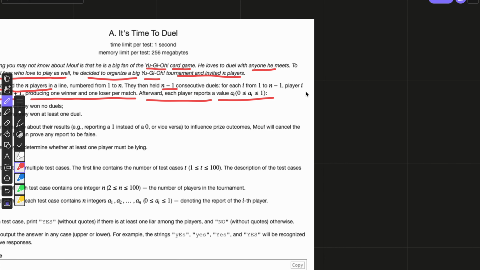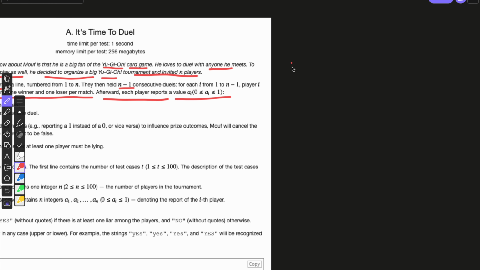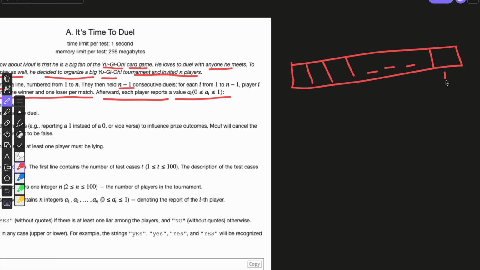Okay, so in this question, we have N players. All these N players fight with each other in a duel. N-1, 0 to N-1 would be the indexing.